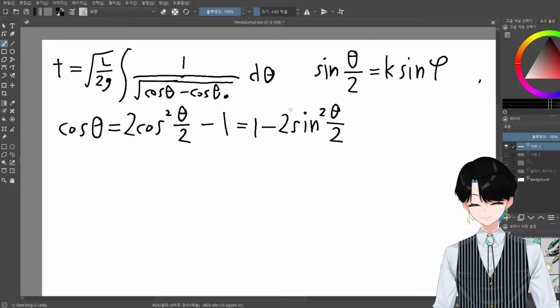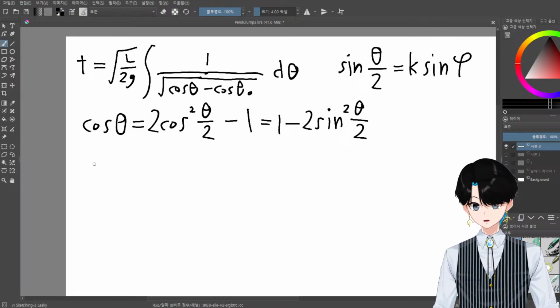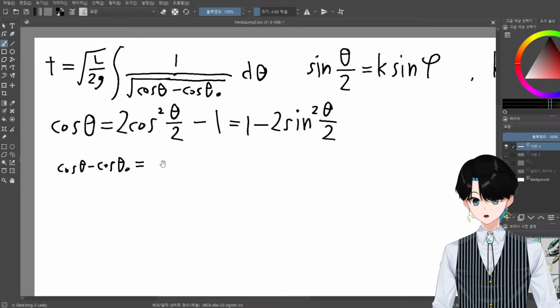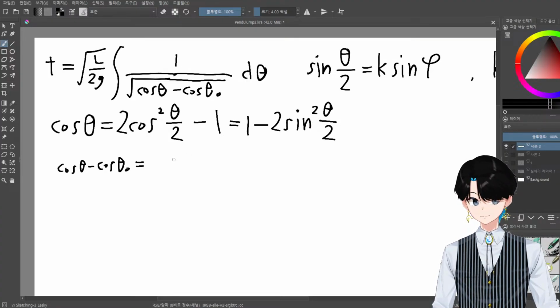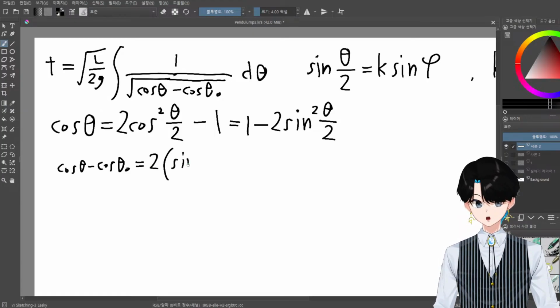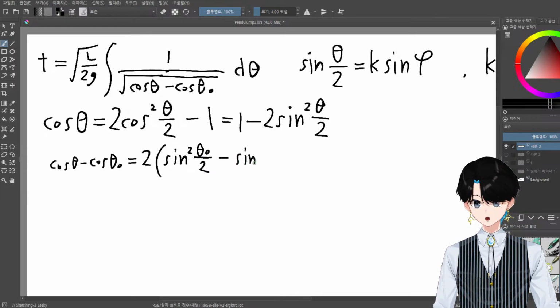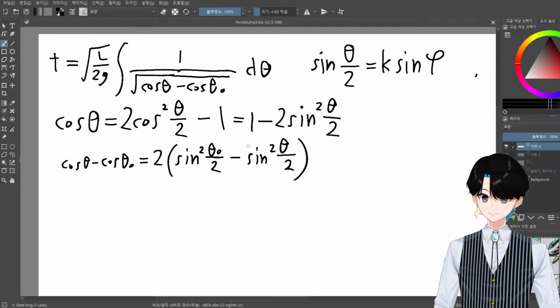Is this correct? I'm not making any mistake. Then cosine theta minus cosine theta 0 will be equal to 2 times sine squared theta 0 over 2 minus sine squared theta over 2. Right? I think it's right.